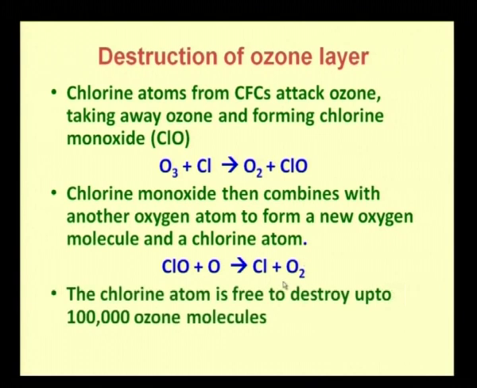And so the chlorine atom is free to destroy up to one lakh ozone molecules, and as we have already seen, nothing happens to the Cl, the catalyst molecule.